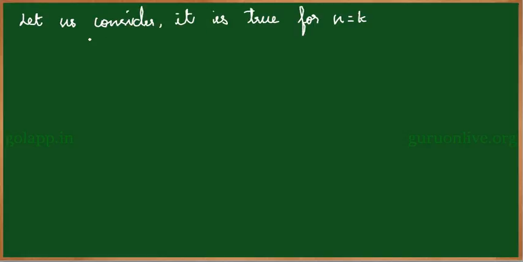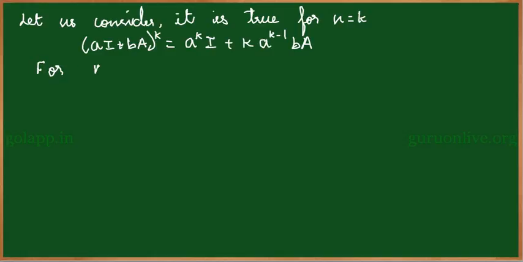Let us consider it is true for n equal to k. If it is true for n equal to k, directly we can say (aI + bA)^k is equal to a^k I plus k a^(k-1) bA. Now we have to prove it is true for n equal to k plus 1.